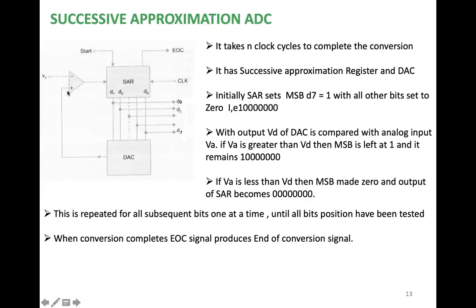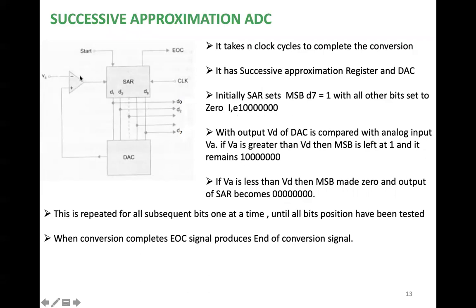Again here, the same concept, right? If VA is greater than VD, then the MSB is left at 1 and it remains the same value. The output remains the same, that is 1 and all these zeros.